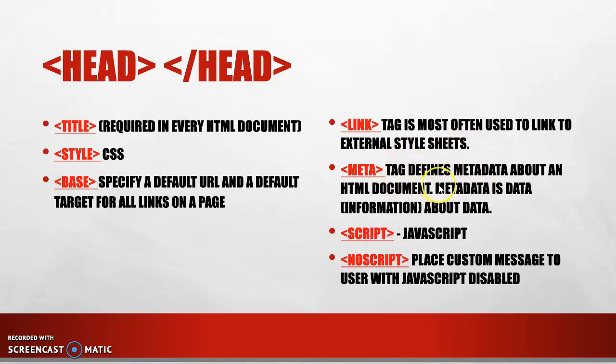So you can have author, title, where you already have title, but you can have all types of information, tags, keywords, things like that. Metadata basically lets web crawlers know about your page.